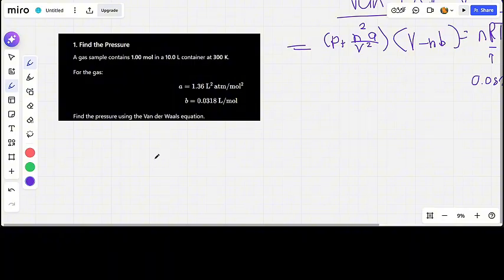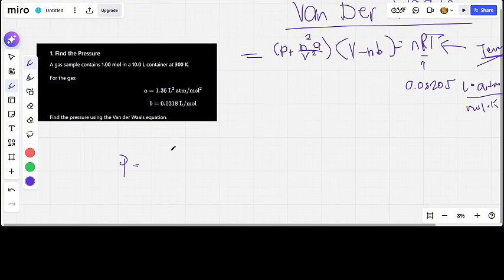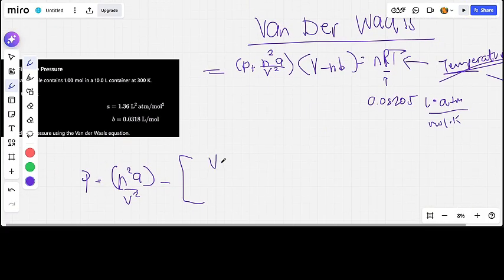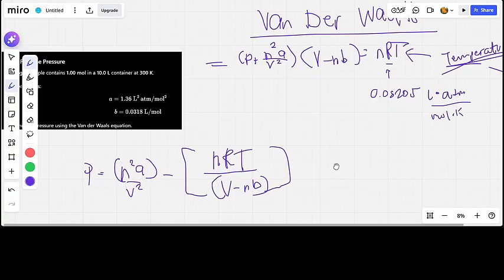In order to get the pressure, we basically use this formula right here, which is, I believe, n squared a over V squared minus nRT over V minus nb. So that's the formula we're going to use.